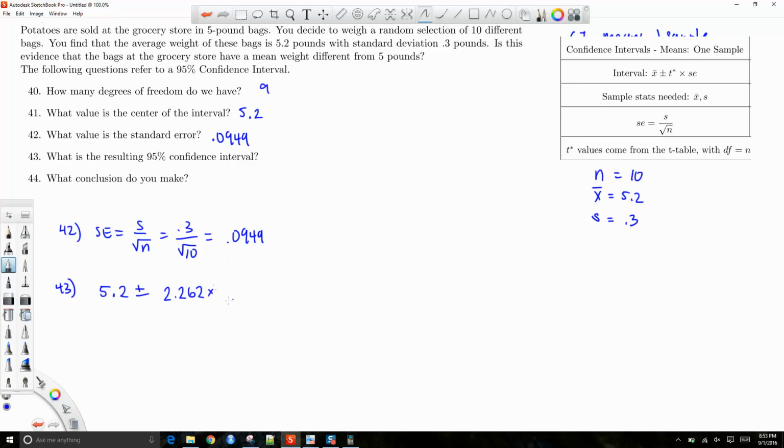Times our standard error of 0.0949. On the lower end I have 4.985 to 5.415. This is what I'm calculating here.